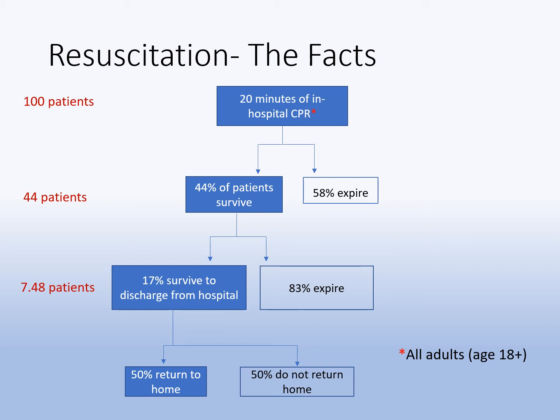So that's not a lot of people. And then when you look at those 7.48 patients, 3.74 patients, so not even 4 patients will actually return home, and not even 4 will actually be transferred to a different facility. And that is 3.74 patients of those 100 patients that all received in-hospital CPR.